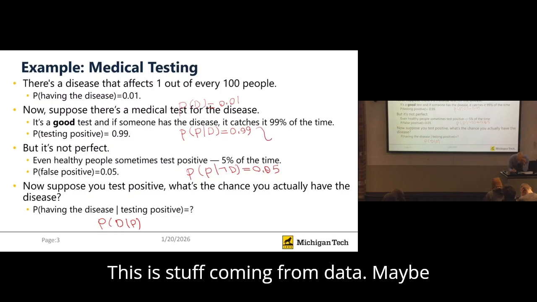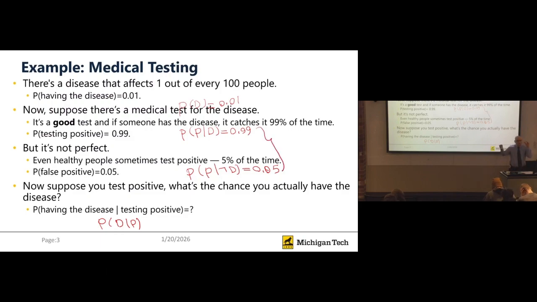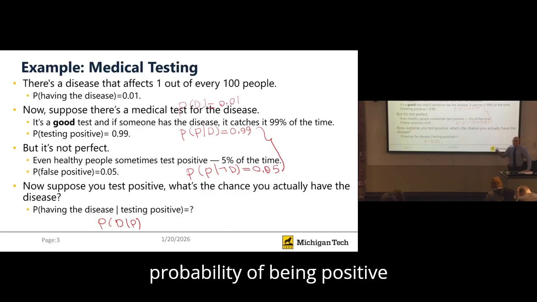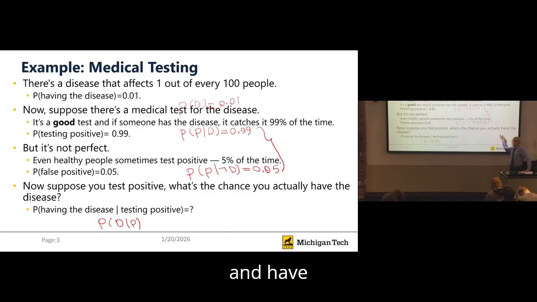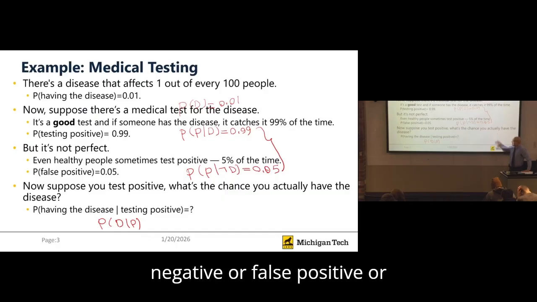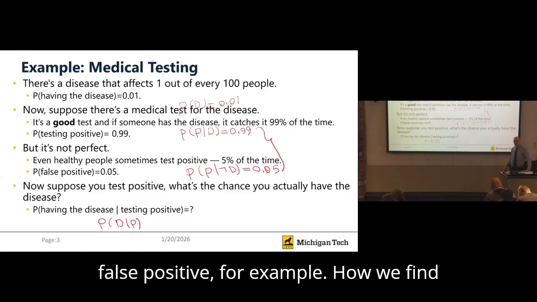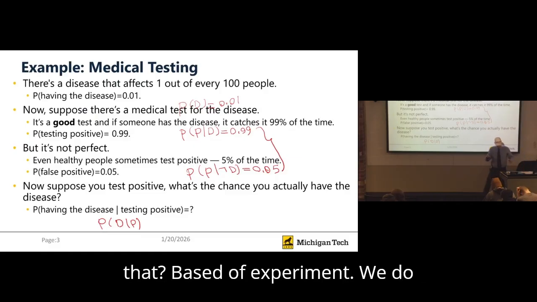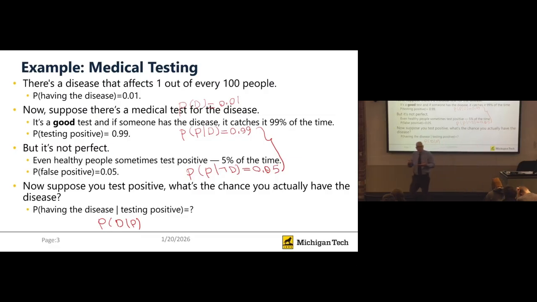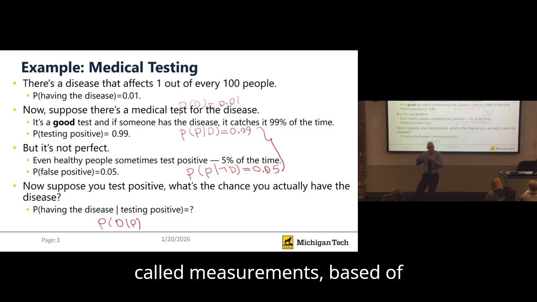This is stuff coming from data. Maybe you ask me how we found the probability of being positive and having disease, or the probability of false positive, for example. How do we find that? Based off experiment. We test 100 people. That's called measurements.